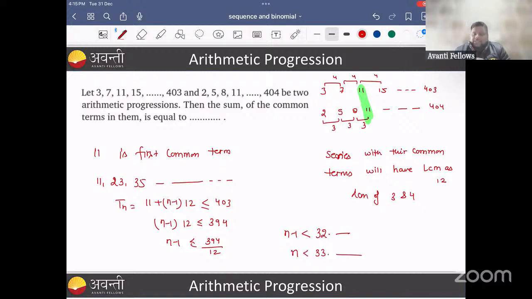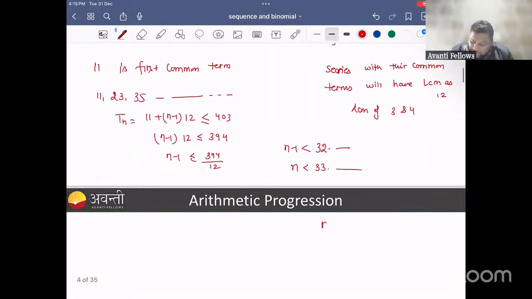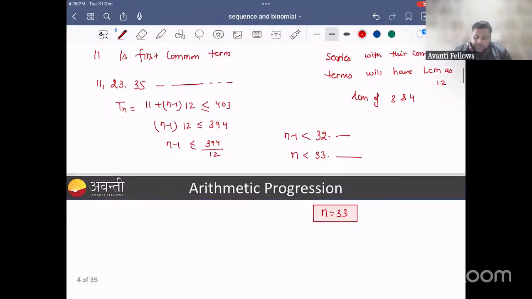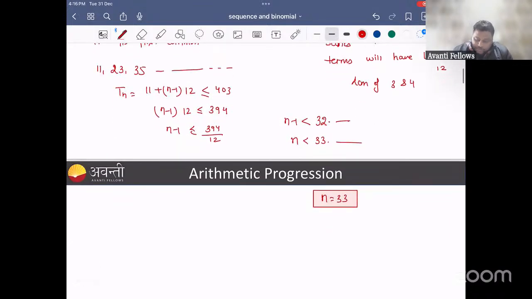If n is less than 33 point something, it means the number of common terms is going to be 33. Got it? Now the number of common terms is 33. So the series is like 11, 23, 35 and so on up to the 33rd term.